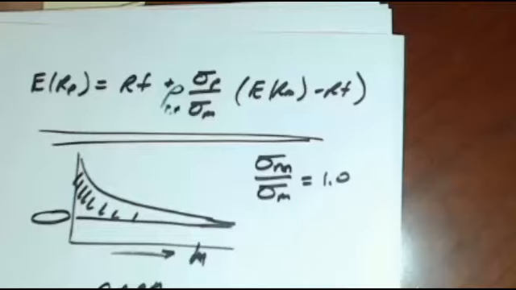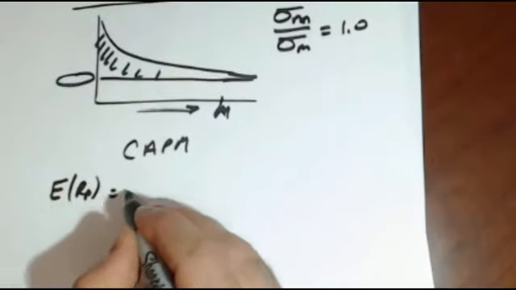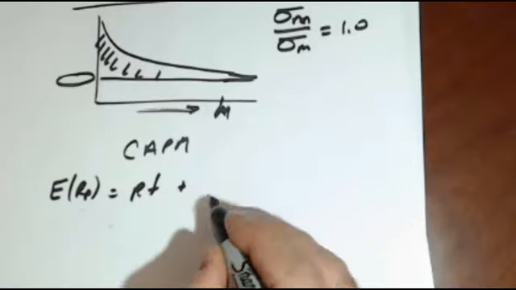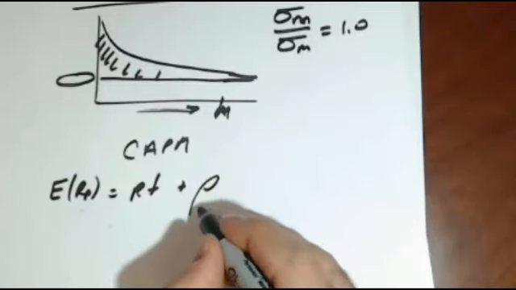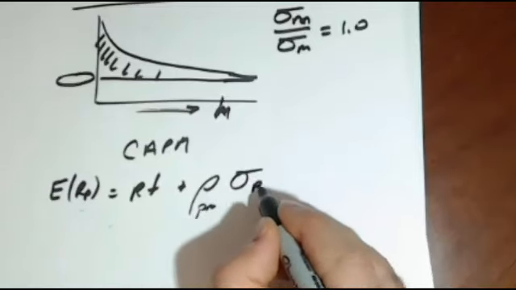So I have an expected return on a portfolio equals the risk-free rate plus correlation between the portfolio and the market, standard deviation.